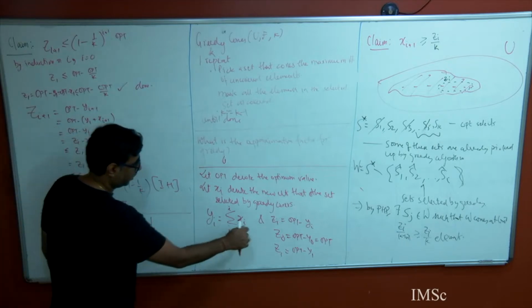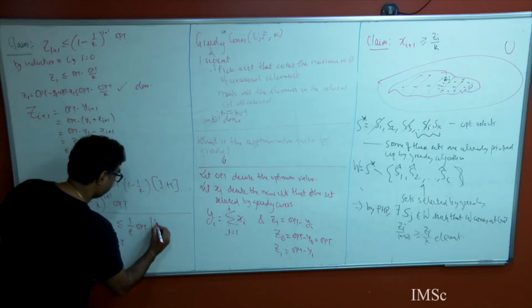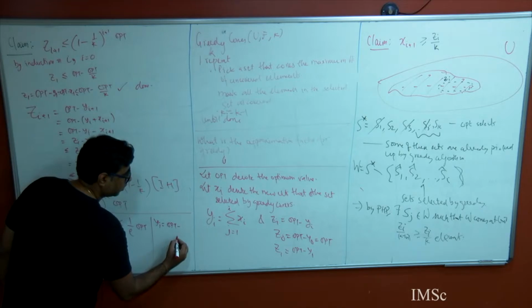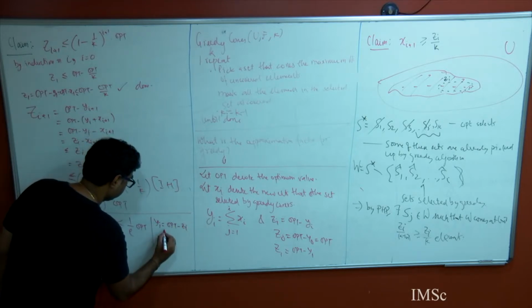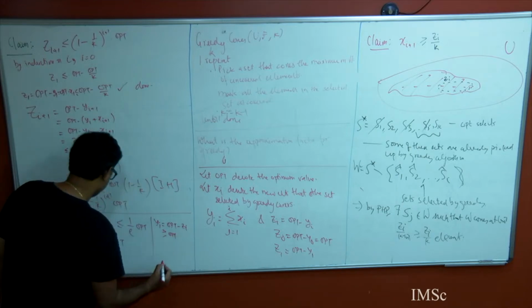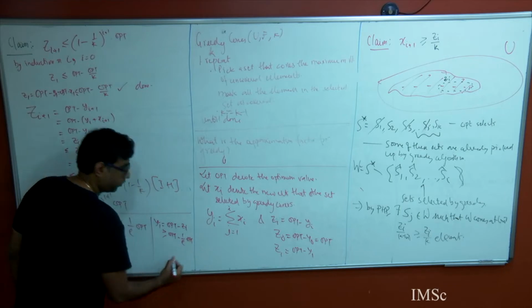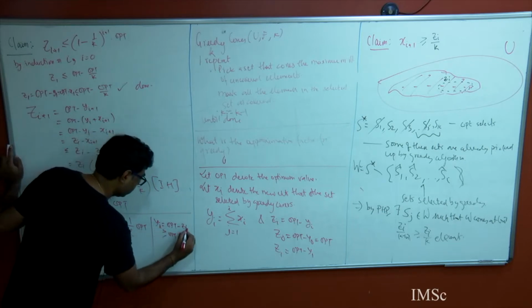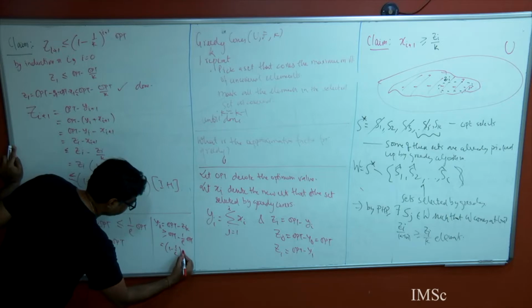Because here, what is Yi? Yi is equal to opt minus Zi, which is greater than or equal to opt minus 1 over e times opt, because this is an upper bound on Zk. So Yk is at least 1 minus 1 over e times opt.